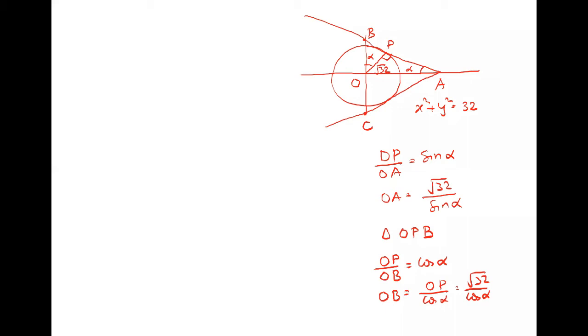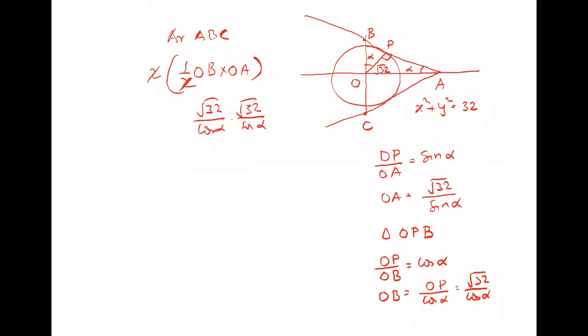So we got OB. What is the area of triangle ABC? Area ABC is 2 times half OB into OA. Correct? 2 and half will cancel. OB is root 32 by cos alpha, into root 32 by sin alpha. Clear?